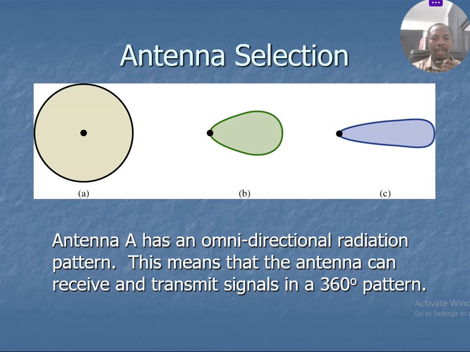This A is omnidirectional, which means it covers a 360-degree range. It can transmit signal in every direction. So the omnidirectional antenna radiation pattern covers everywhere. This means the antenna can receive and transmit signal in a 360-degree pattern.